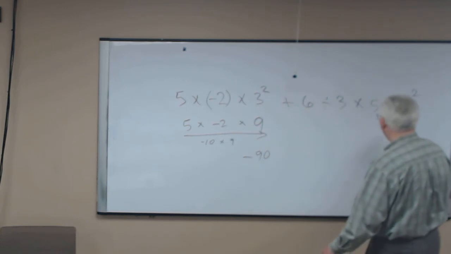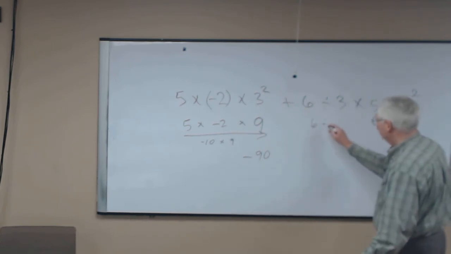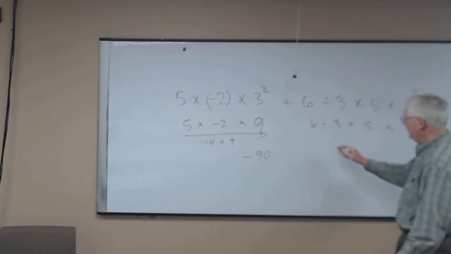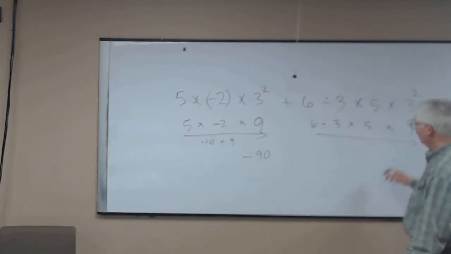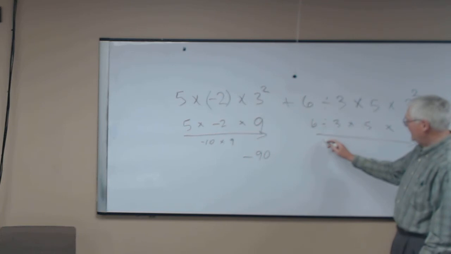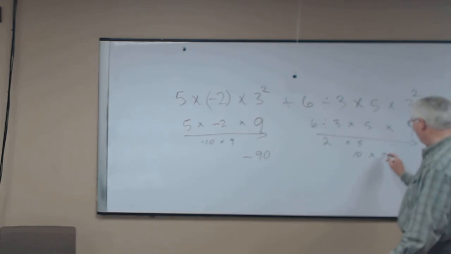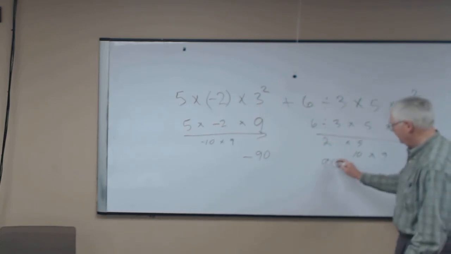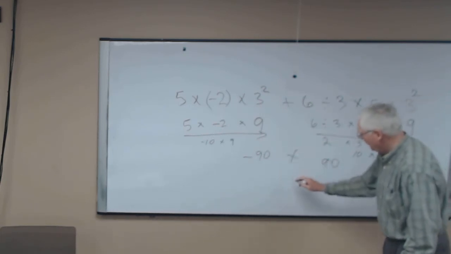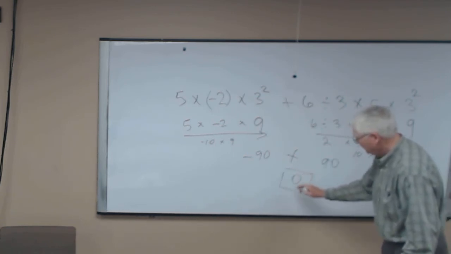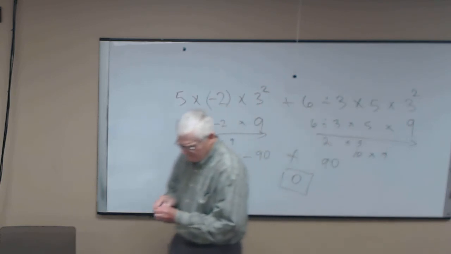Then over here, 6 divided by 3 times 5 times 9, left to right. 6 divided by 3 is what? 3. Times 5 times 9, 90. Add those two, and what's the answer? 0.